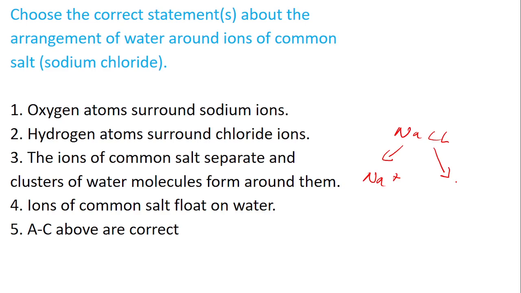So the hydrogen is partially positive, and the other hydrogen is partially positive, and the oxygen will be partially negative. So in this case, this oxygen, which is partially negative, will interact with the sodium, and then this hydrogen, which is partially positive, will interact with the chloride, which is negative. But before that, they are going to dissociate.